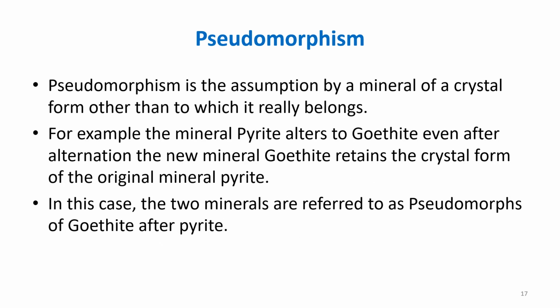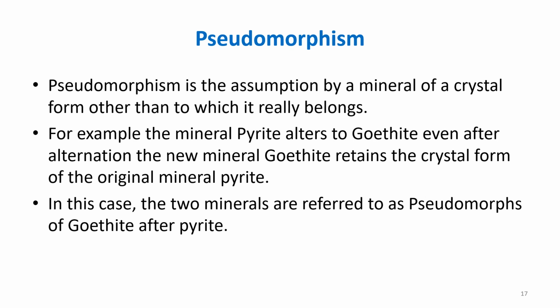Next is pseudomorphism. Pseudomorphism is the assumption by a mineral of a crystal form other than the one to which it really belongs. For example, the mineral pyrite alters to goethite.